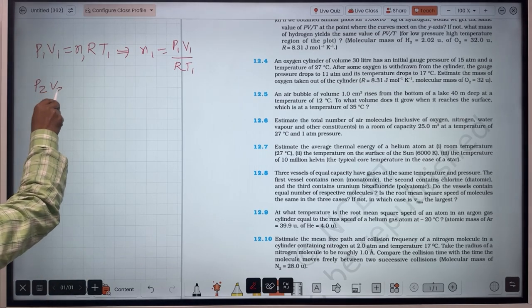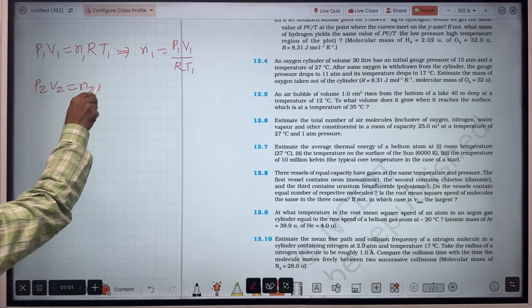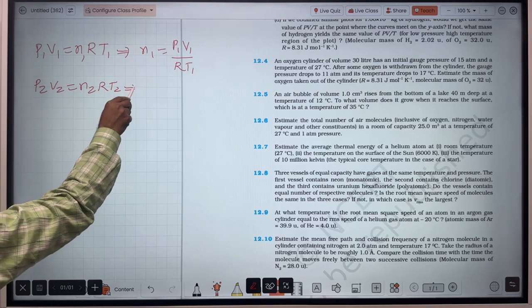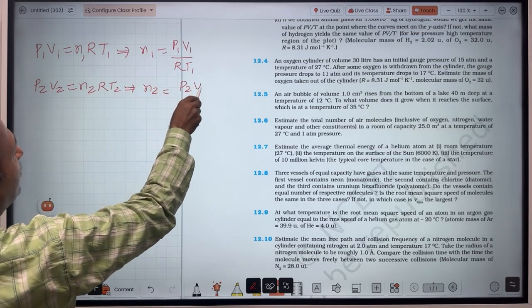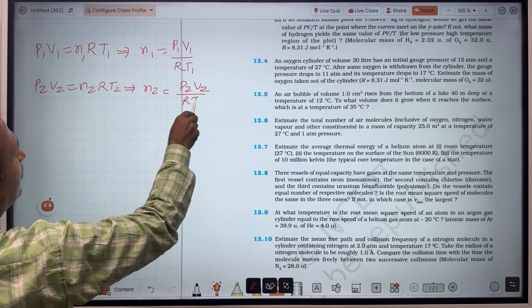Similarly, P2 V2 equal to n2 R T2, which will give n2 equal to P2 V2 divided by R T2.